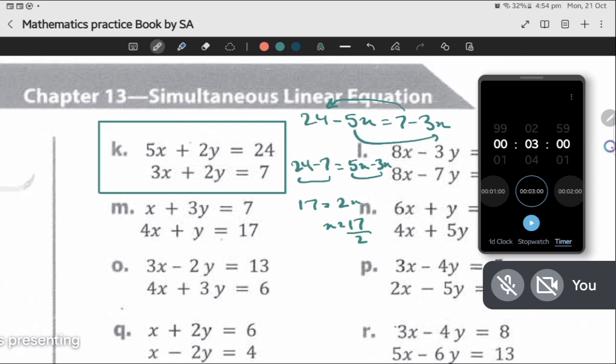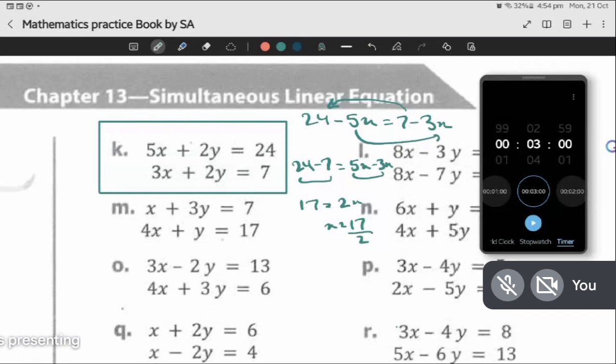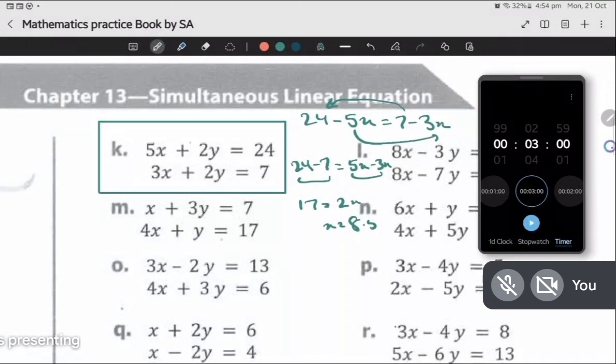Okay. Are we okay to here? So it's 8.5. Yeah, you can write this as 8.5. So x is 8.5.